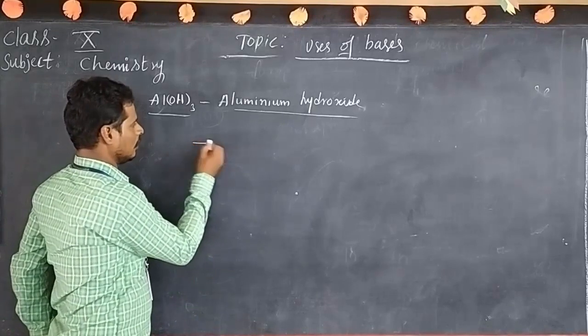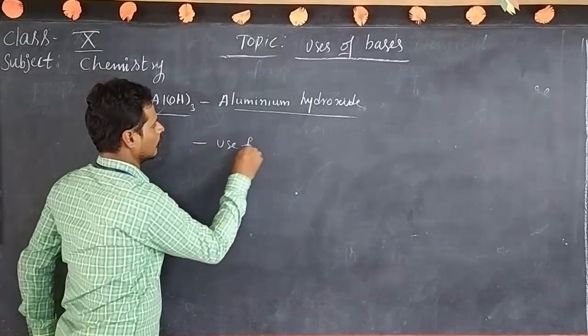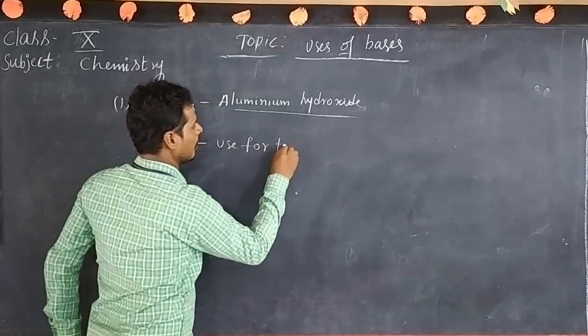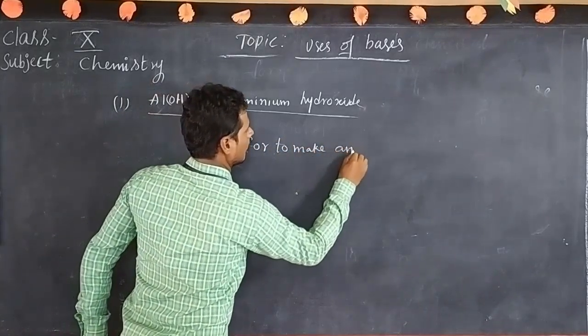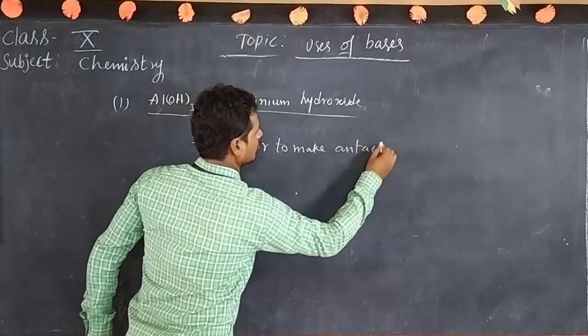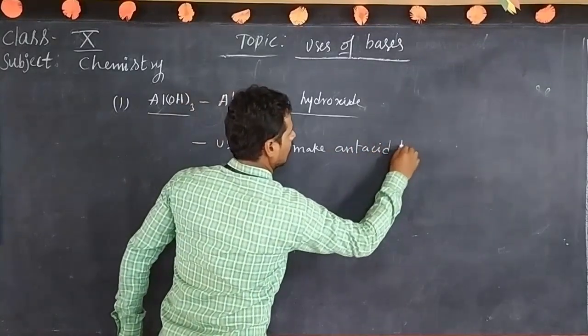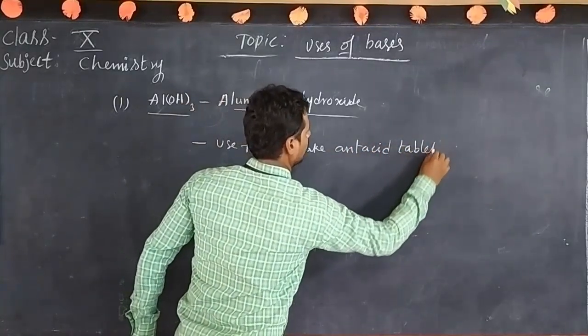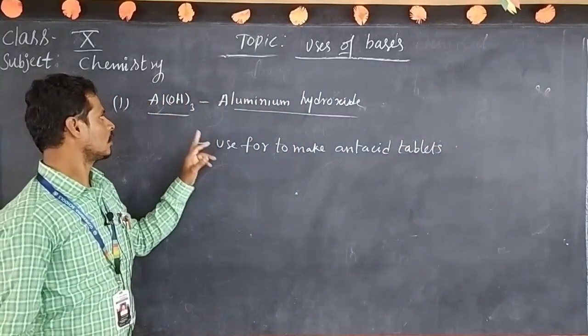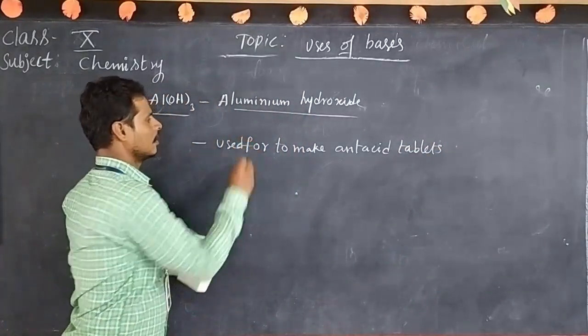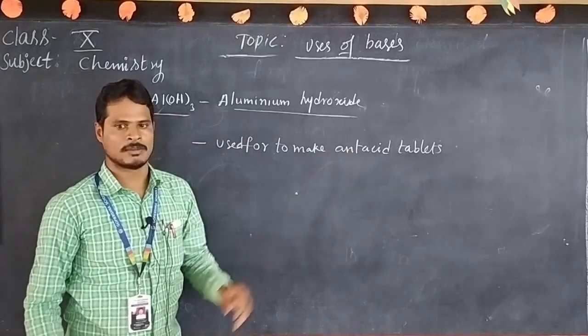Aluminium hydroxide is used to make antacid tablets. So what is the use of aluminium hydroxide? It is used to make antacid tablets.